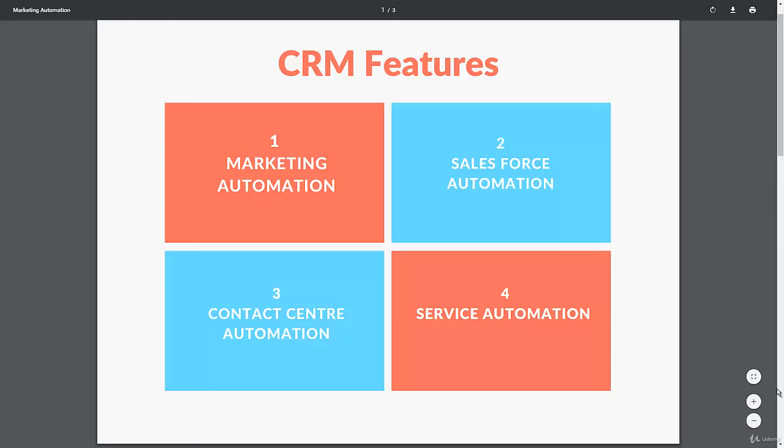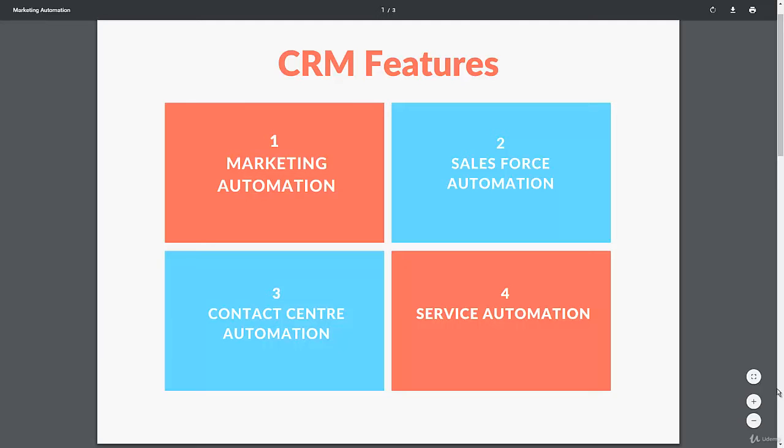It has everything to do with the sales pipeline. Third is the contact center automation, which has everything to do with the contact center. And fourth is the service automation, which covers the various services that we give to various customers. It can be site visits, it can be various projects, it can be a lot of other things. So all the other service oriented, project oriented stuff can come under service automation.